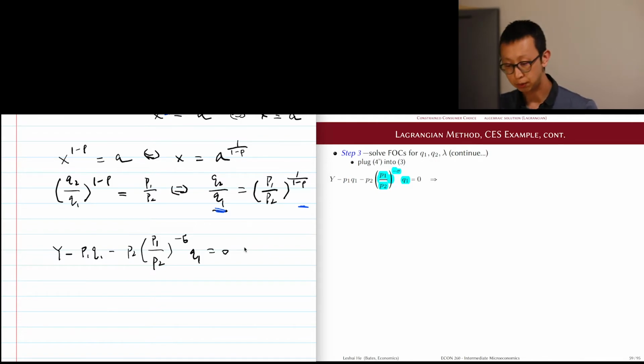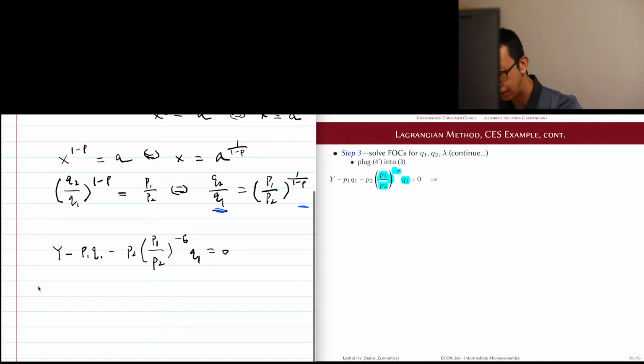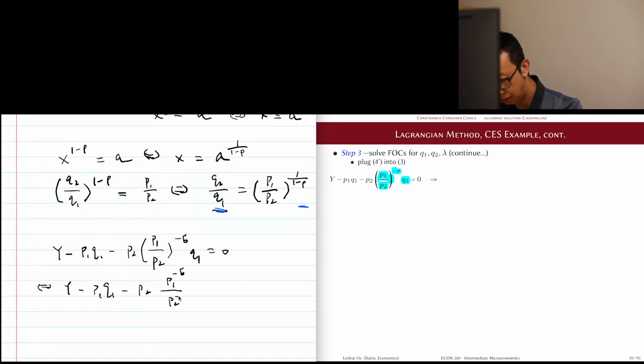And now, distributing the power of minus sigma into the term of P1 over P2, we have y minus P1 Q1 minus P2 times P1 to the power of minus sigma and P2 to the power of minus sigma times Q1 is equal to 0.